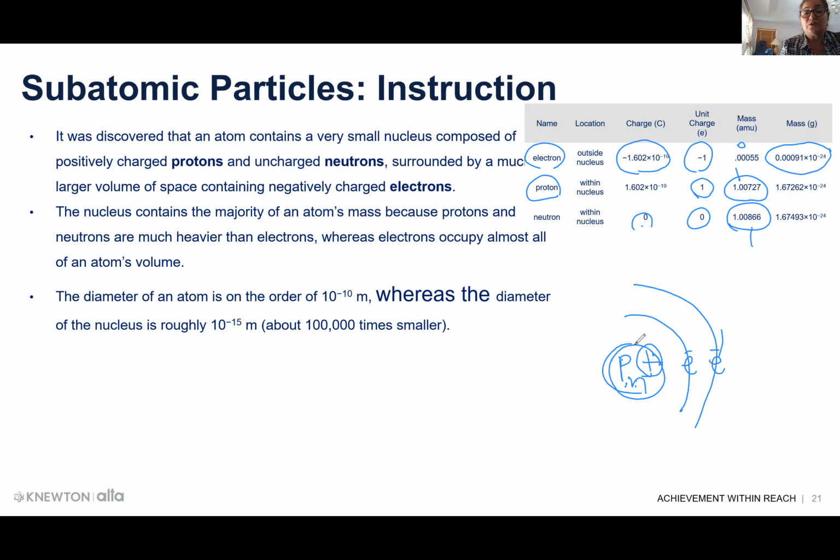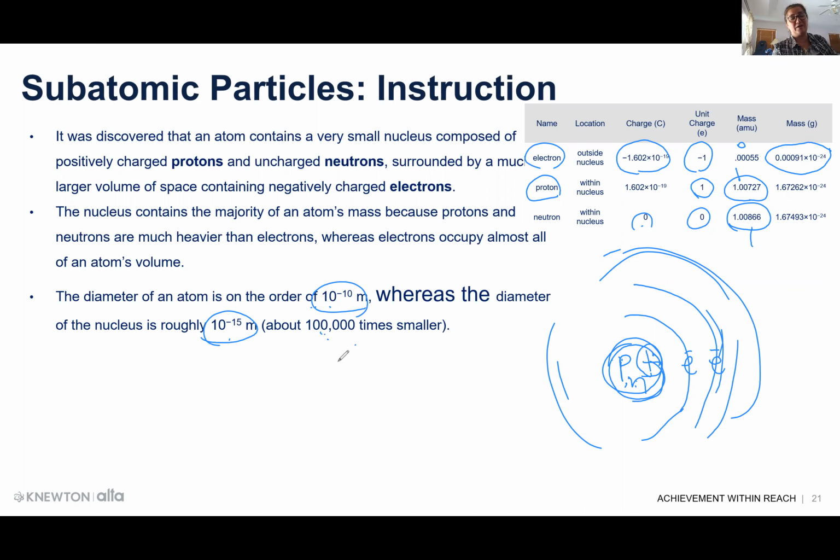The size of the nucleus is very small. Basically, an atom is mostly empty space, and only electrons are orbiting. If you compare the diameter of the atom with the diameter of the nucleus, the nucleus is 100,000 times smaller.